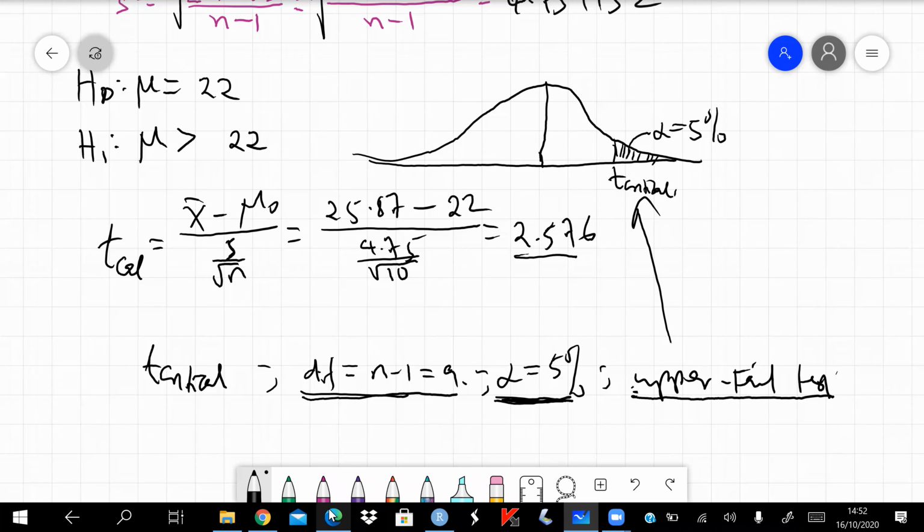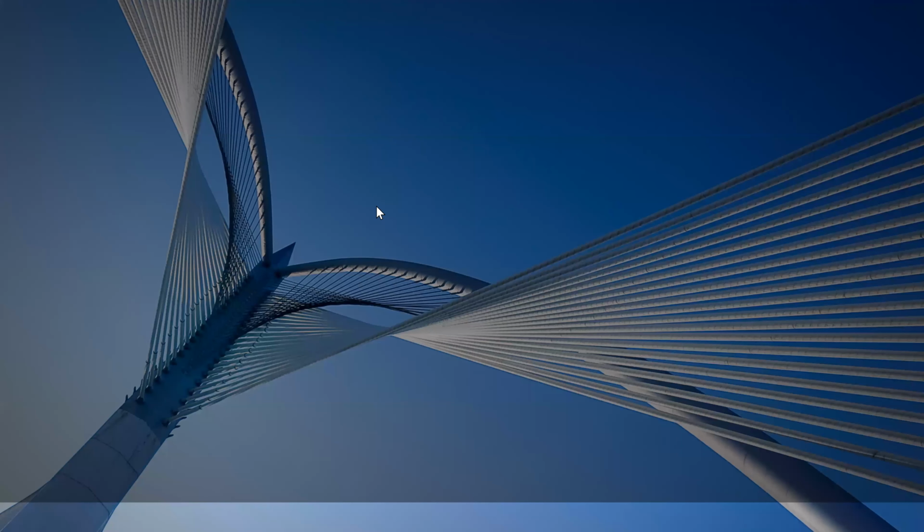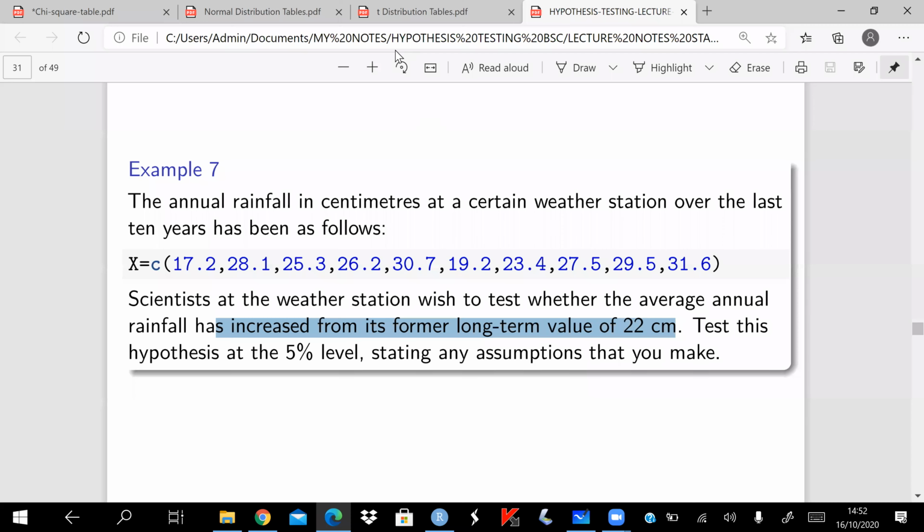So let me share with you the T tables. So these are the T tables. And this upper row indicates the different levels of alpha that you can use. So in our case, we're using 5%, and it's a one tail test. These tables will give you the upper tail test, but you can always map them onto the lower tail test using the concept of symmetry.